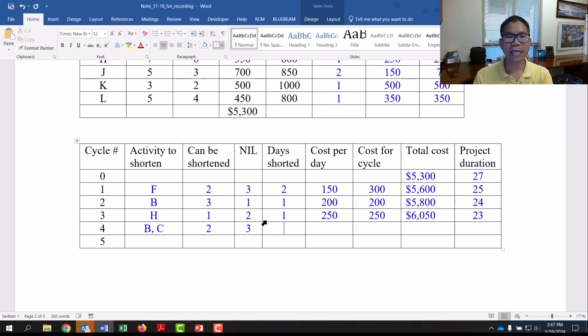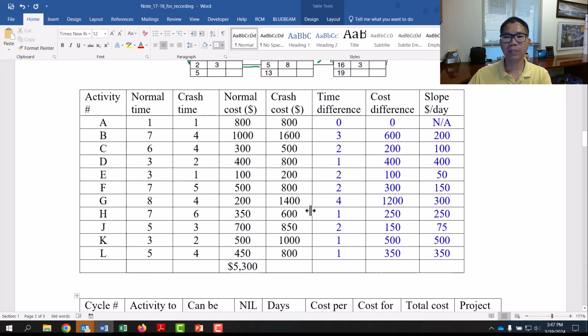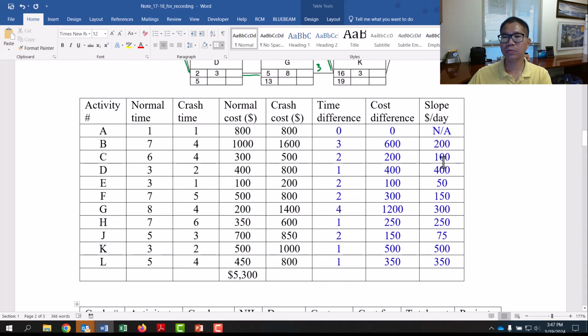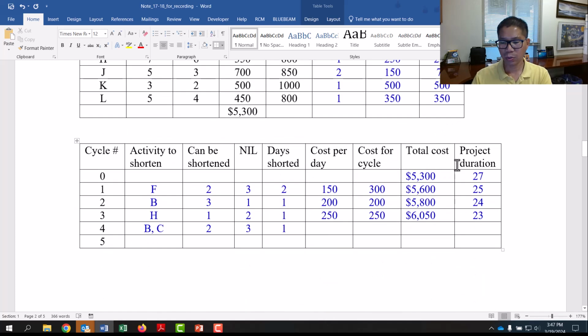And they shorten, it will be 1. And the cost per day between B and C is 200 plus 100, 300. And then per cycle, it will be 600. And the dollar is 6,650. And 2 days, so we have 21 days.